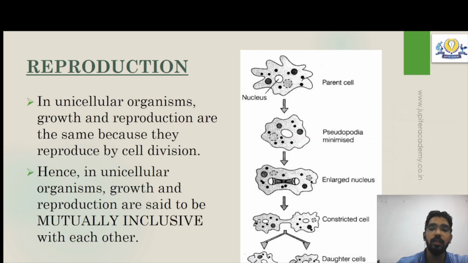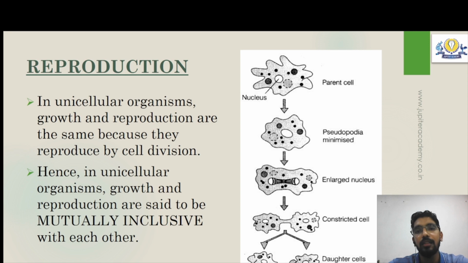Now in unicellular organisms such as bacteria, unicellular algae, and unicellular fungi, growth and reproduction are the same, because in order to grow, the cell has to break into two. But since it's a unicellular organism, if it breaks into two, it becomes two organisms. Hence we consider growth and reproduction the same in unicellular organisms.